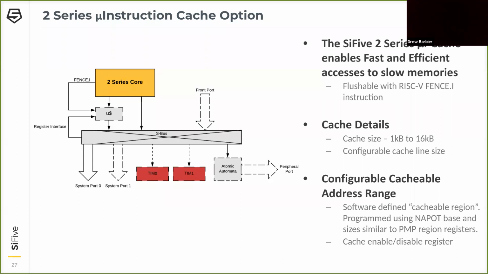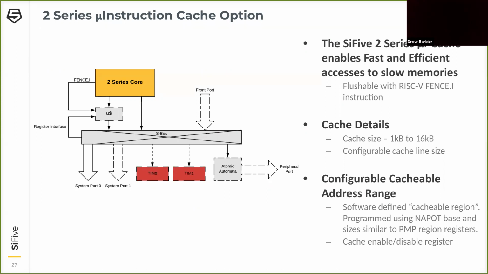We're also adding an optional micro instruction cache to the 2 series, so this will also be in the next release of the design. So the 2 series micro instruction cache enables fast and efficient accesses to maybe slow memories in a design, or maybe this is external SPI flash, for example, or maybe it's just memory that's far away from the core itself.